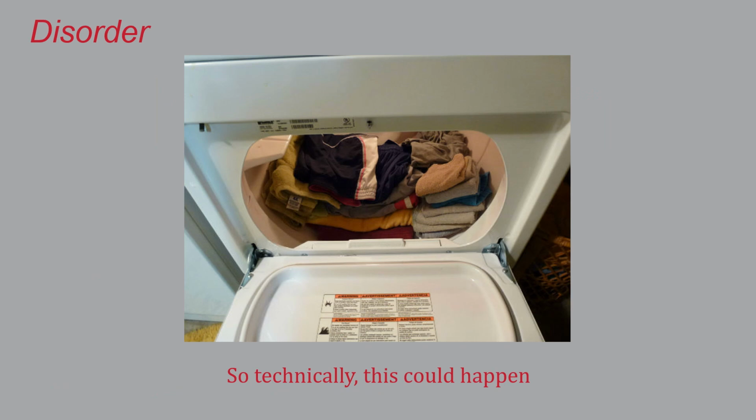Now, if you think about it, there are probably a few dozen or maybe even 100 configurations of your laundry that you would consider to be folded and sorted. But there are billions and trillions of configurations of your clothes that you would consider to be not folded and sorted. And so you would probably have to do 10 to the 29th loads of laundry to observe this, but fingers crossed, it could actually happen.